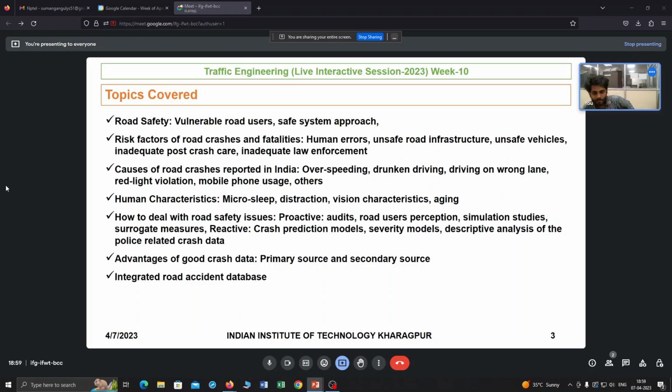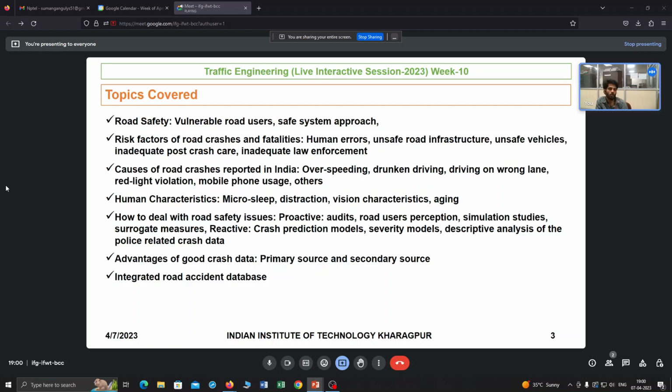In case of proactive approaches, road safety audits are one of the essential things, and I think it is mandatory starting from the preliminary design of the road, then the detailed design, then construction, then the pre-opening stage. At every stage, even in the operational stage, you have to conduct a road safety audit.